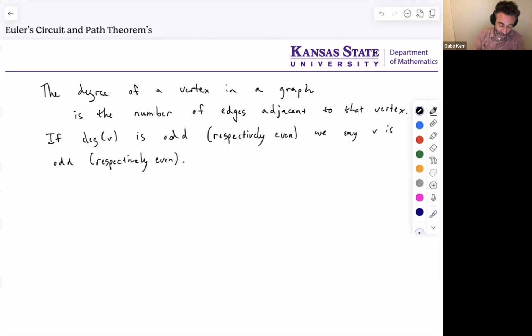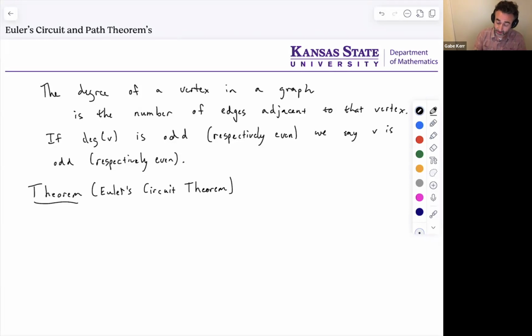All right, now let's jump in and write down the circuit theorem, and then we'll write down the path theorem. So here's the theorem for circuits, Euler's circuit theorem. What does this say?